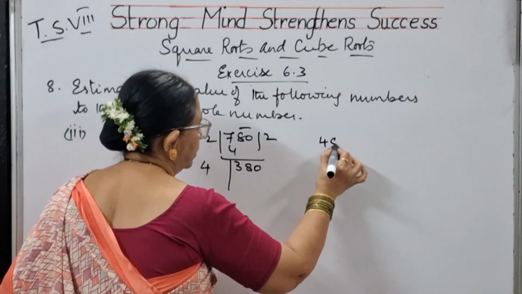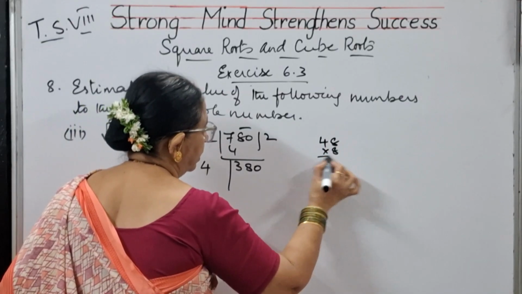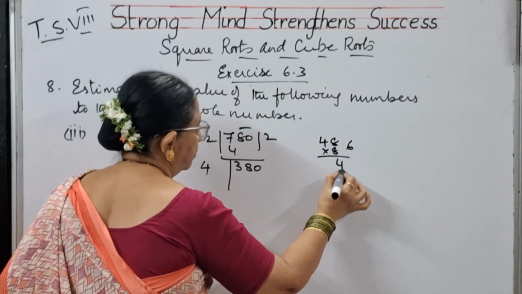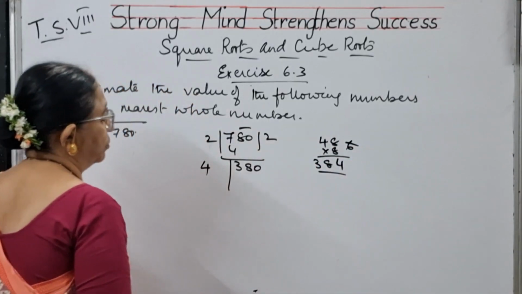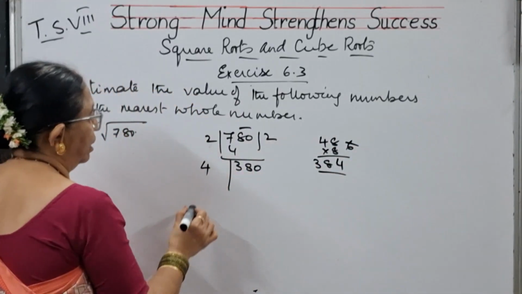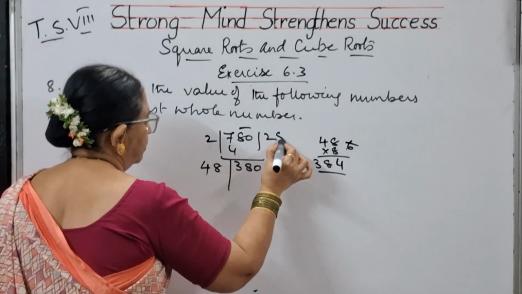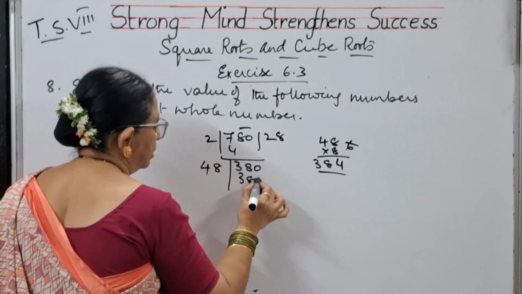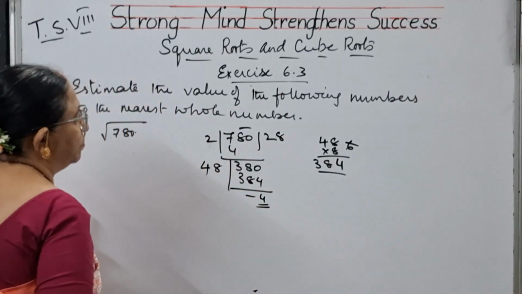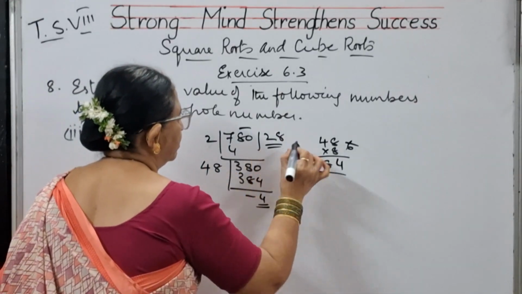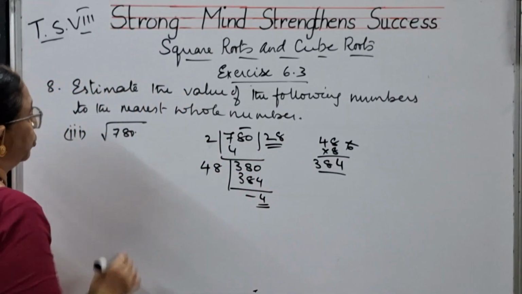So let us see 48 into 48, 8 eights are 64, 384. So this is more than this. So let us take 384. So what is less? 4 is less. That means 28 is more.